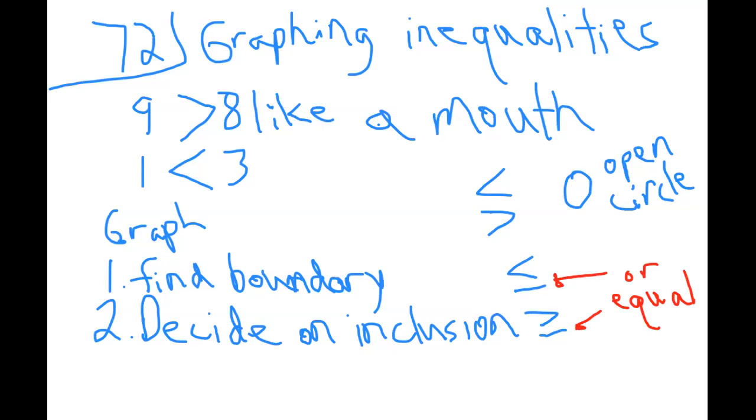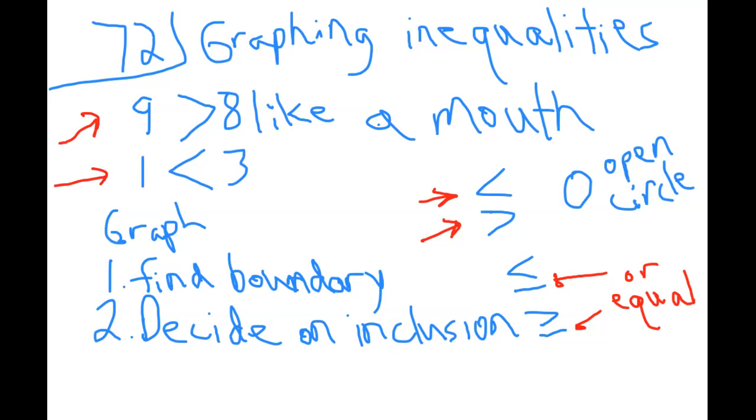So usually we'd say this top one right here is less than, and this one is greater than, right? So if I was going to go back and read my 9 and 8 right here, I'd say 9 is greater than 8. And then for this one down here, I'd say 1 is less than 3.